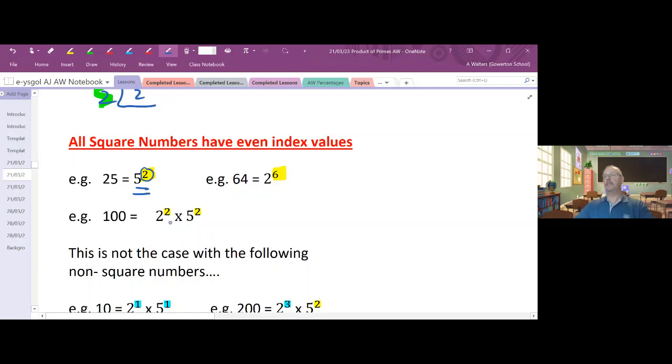The same with these. Now this has got 2 squared. That there is an even number, and that there is an even number. Even numbers are obviously 2, 4, 6, 8, and so on. Okay. So you're sometimes asked, are certain products of prime numbers in index form square numbers, yes or no?